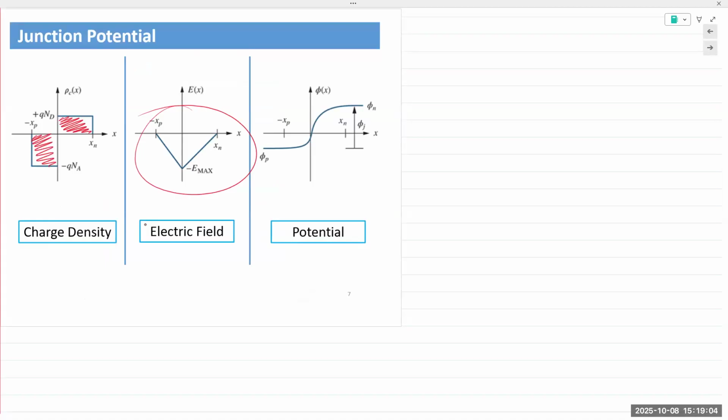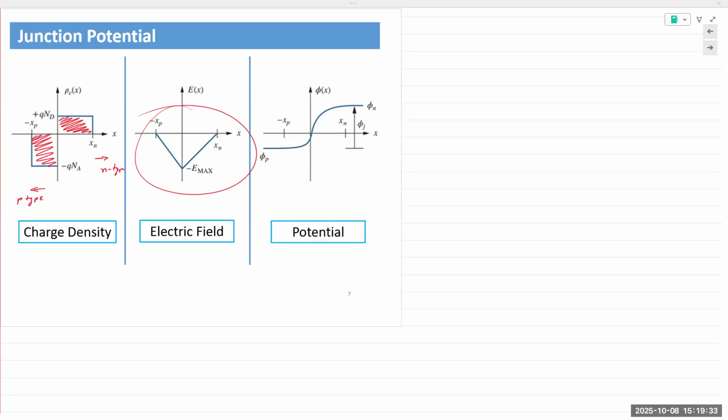This shows how deep into the N-type material it goes, and this is how deep it goes in the P-type material. Because again, remember, electrons are going to the left, holes are going towards the right.